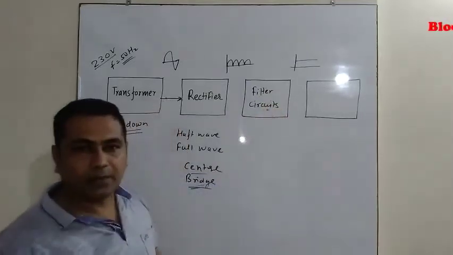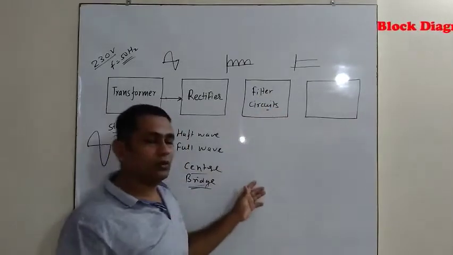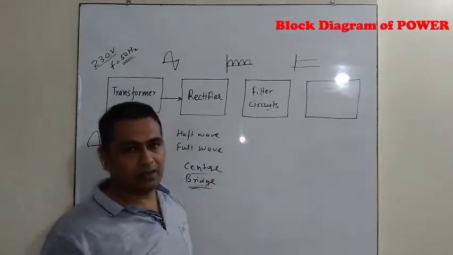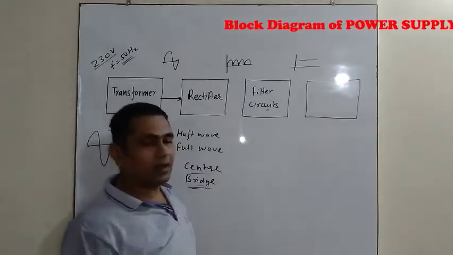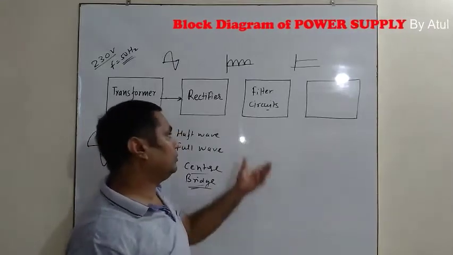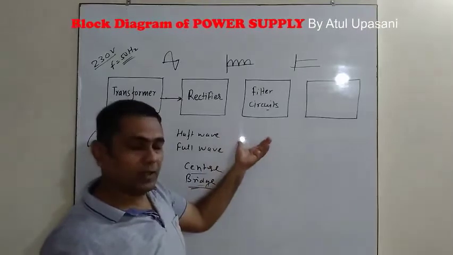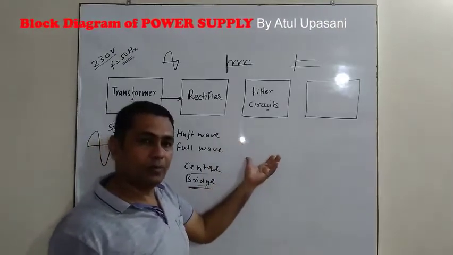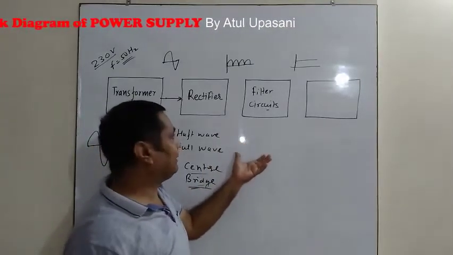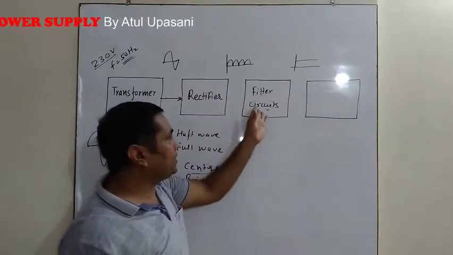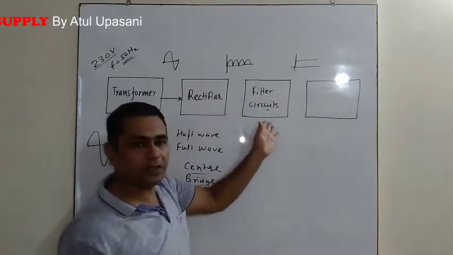There are 5 types of filter circuits, in which only 2 components are used: one is called capacitor and another is inductor. As you know, a capacitor has low impedance for AC current, low reactance, and an inductor has high reactance for AC. So these 2 properties are used to create the filter circuits.